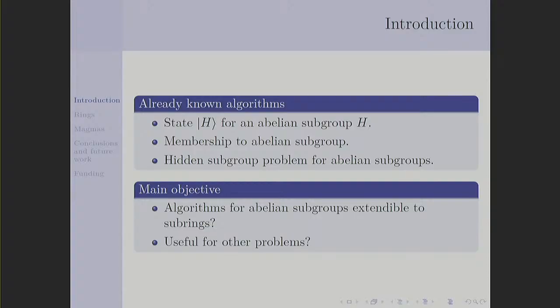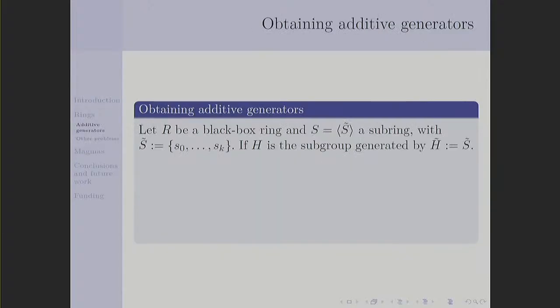And if we are able to find some interesting results, then what doors are now opened for other results to be solved? The way we approached this was: if we are able to find additive generators for any subring, then we can interpret the subring as an abelian subgroup, and you can reduce any subring problem to an abelian subgroup problem.